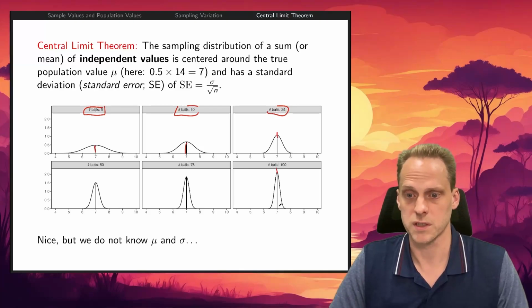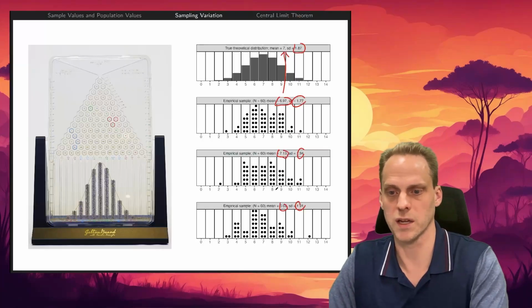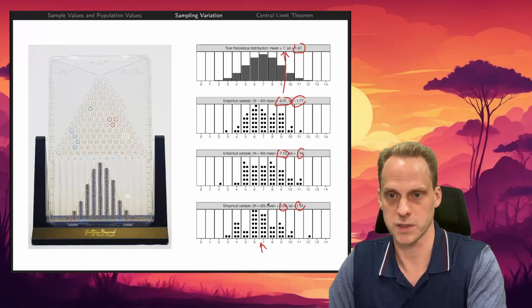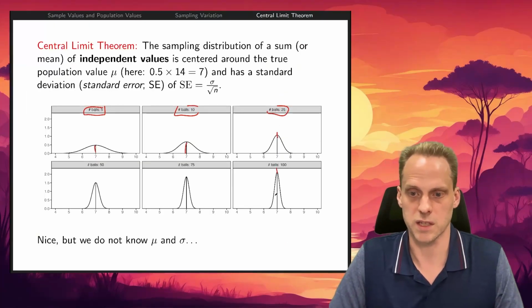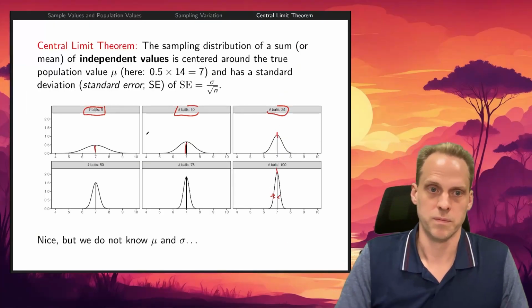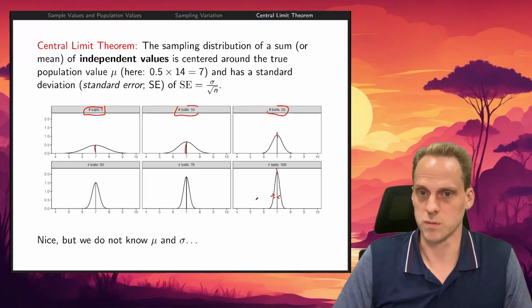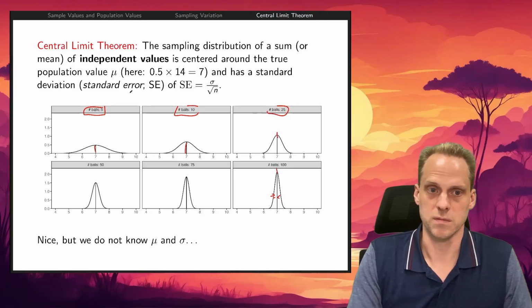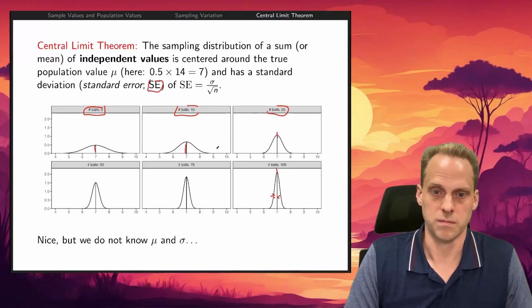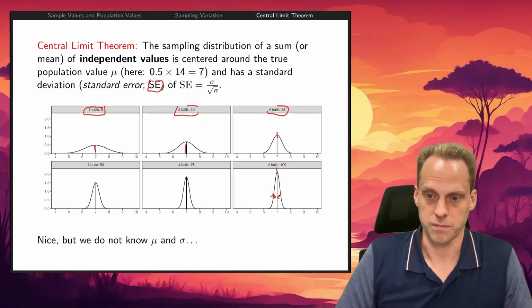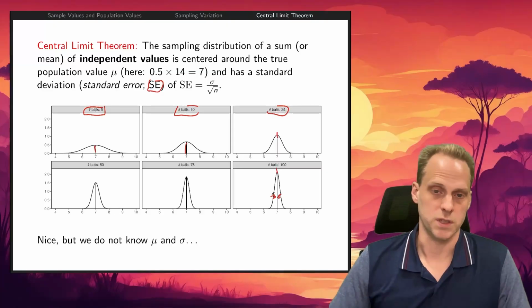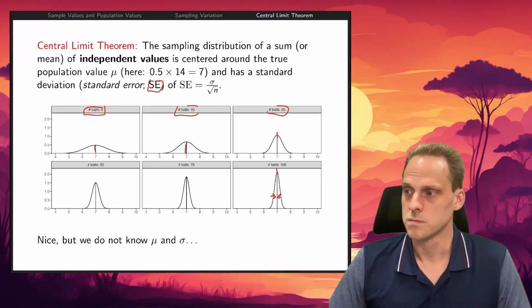What's the average bin they land in? Right, they should land around 7 on average. It gets narrower and narrower. It takes a shape of this normal distribution and it gets more narrow. So the mean doesn't change, but it also has a standard deviation, which we call then standard error. That becomes narrower, right? Which is nice, and we can use this to do inference, right?